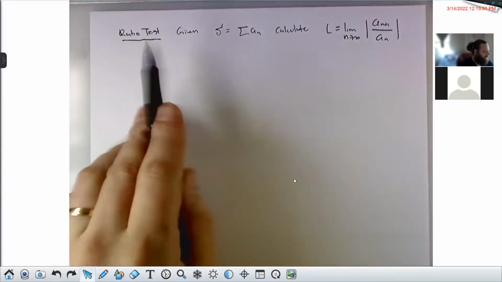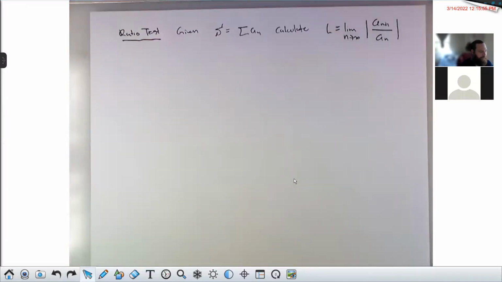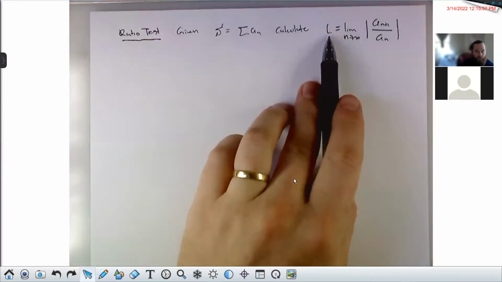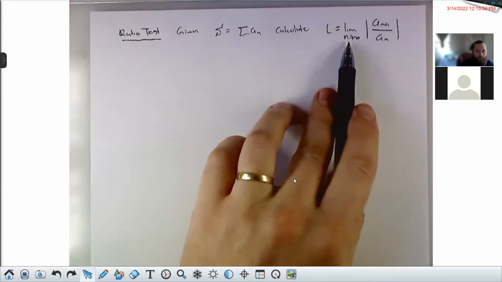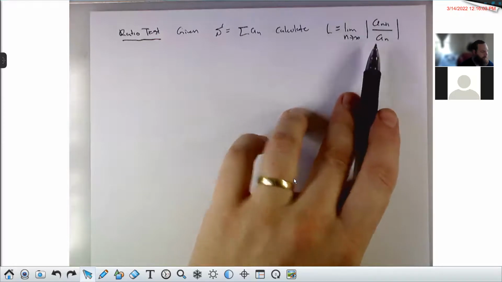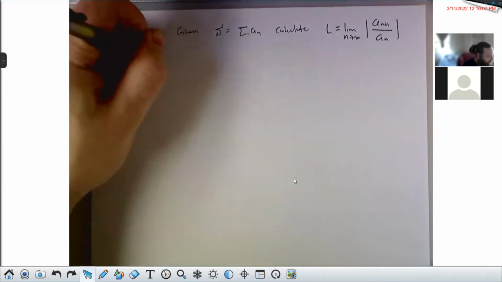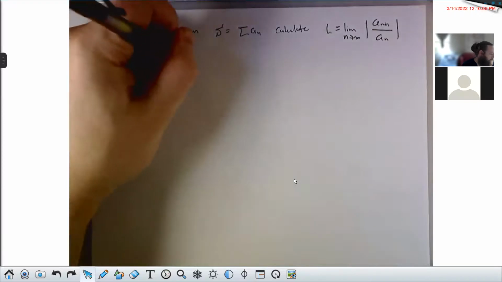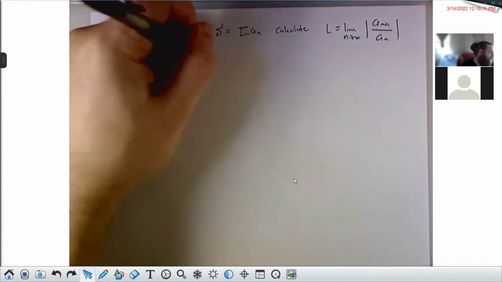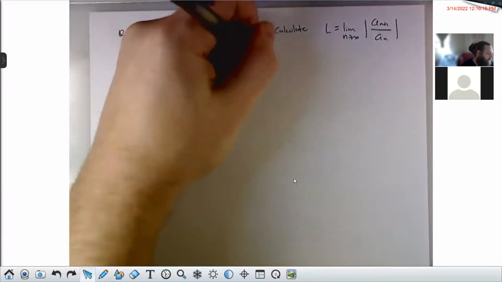All right, so the ratio test says, given any old series, calculate, we're still going to call it L, just like with the root test, but this time it's the limit as n goes to infinity of the absolute value of an plus 1 over an. And then everything else is the same. If L is less than 1, then the series S converges absolutely.